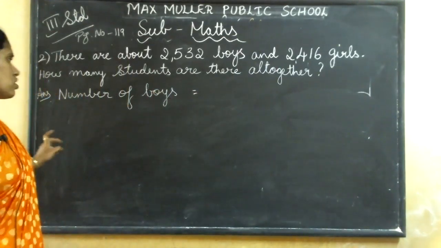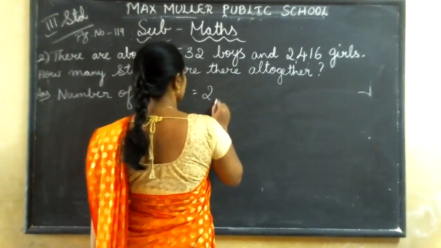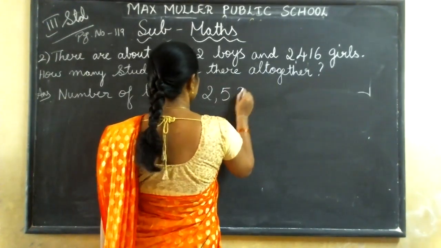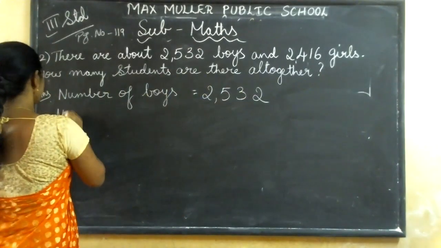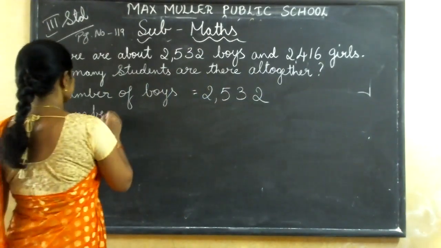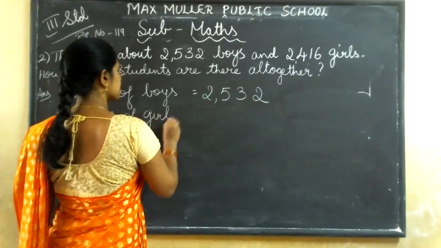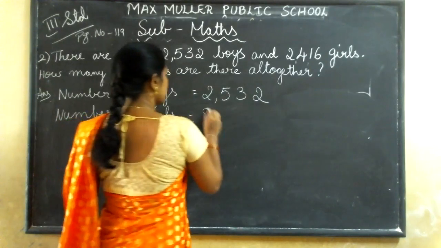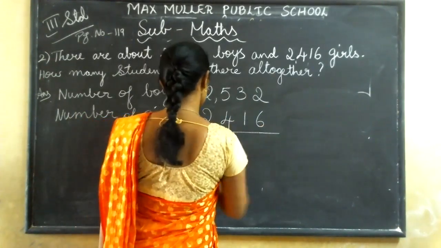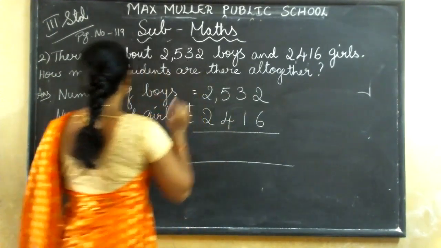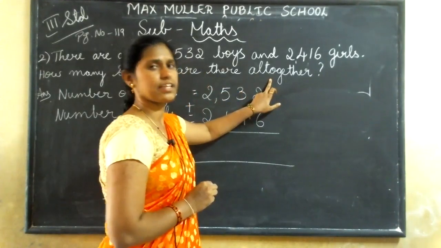Yes or no? So, number of boys is how much? 2,532 are boys. Number of girls: how many girls are there? 2,416 are girls. So, what do you have to do? See here, how many students are there altogether, they have asked.